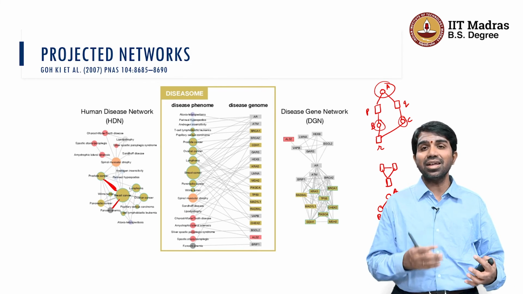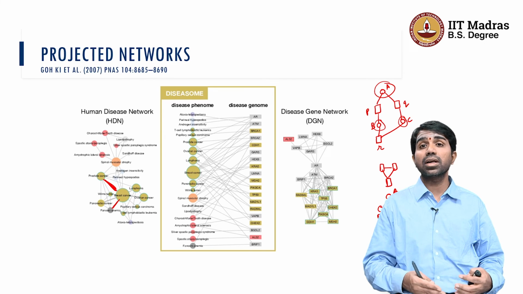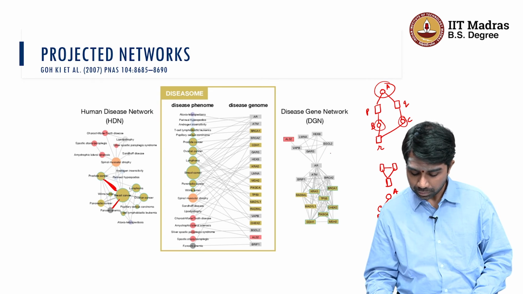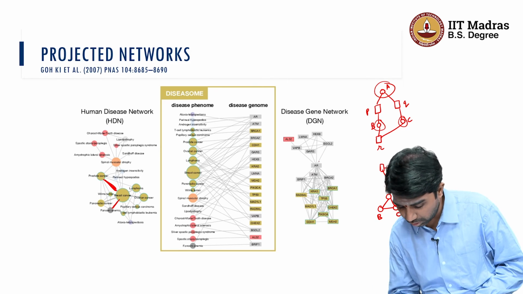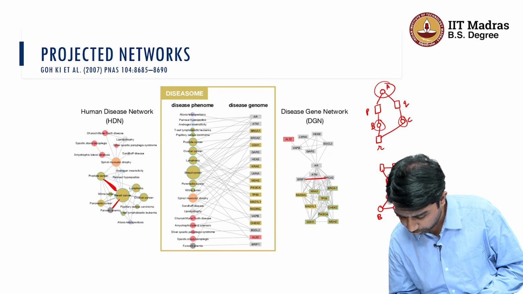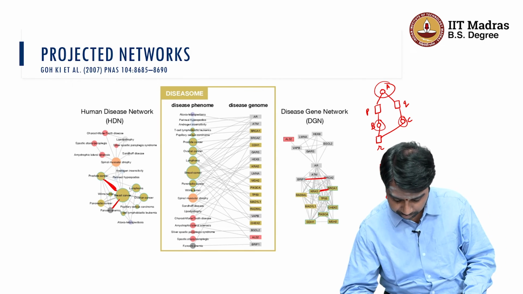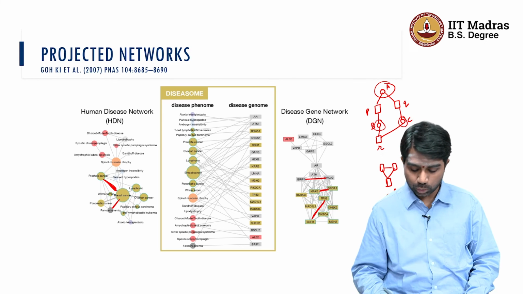So you can really overlay a lot of information on these kinds of graphs. And here again you see that there is a strong correlation between a few genes like this, BRCA1 and KRAS and TP53 and CDH1 and so on.